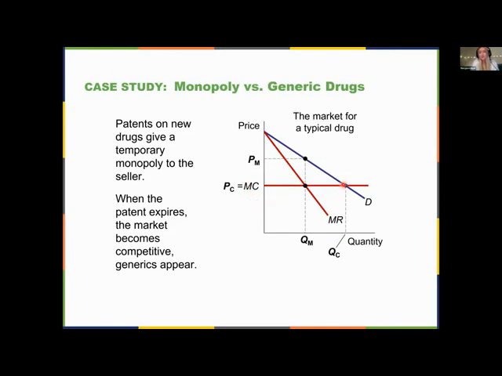Because now that there are more firms out there producing this same vaccine, there's an incentive for firms to lower the price below this maximum willingness to pay. So again, this was just a simple example to compare and contrast how a market may look when it moves from monopoly to perfect competition.